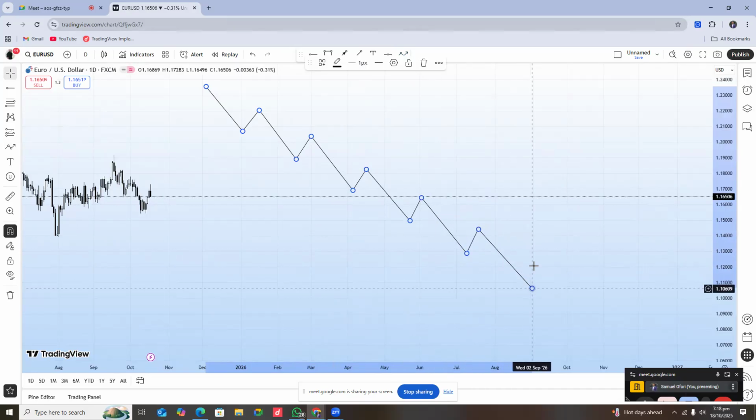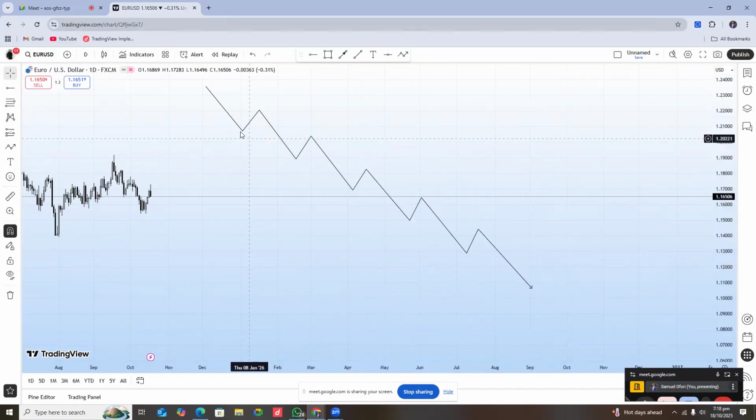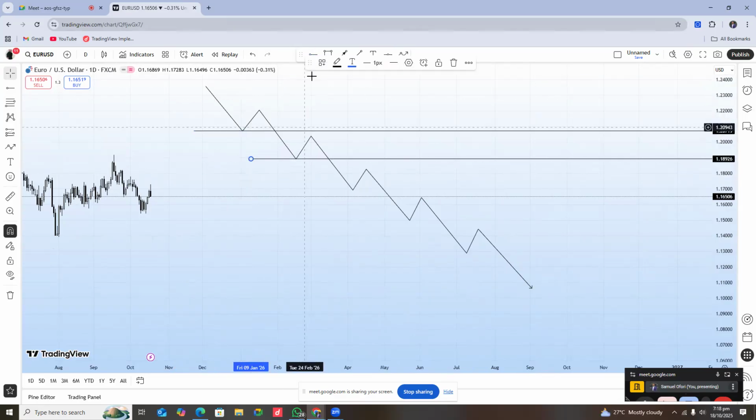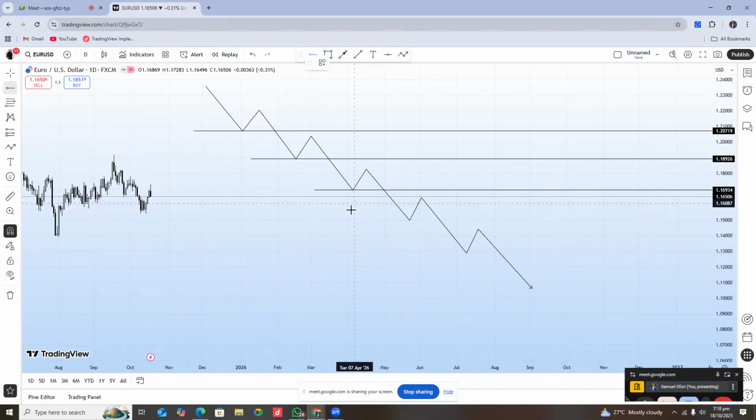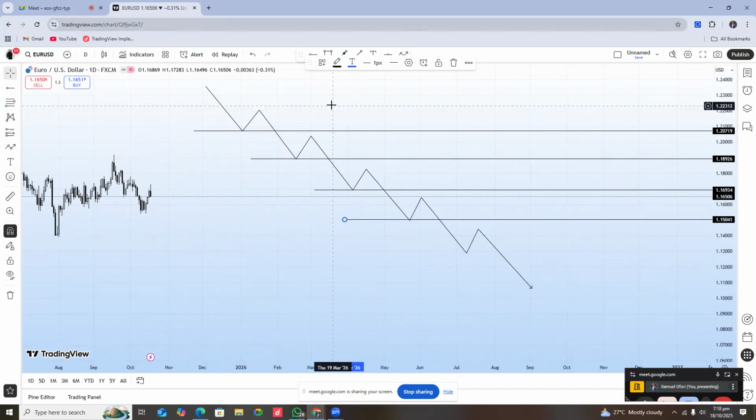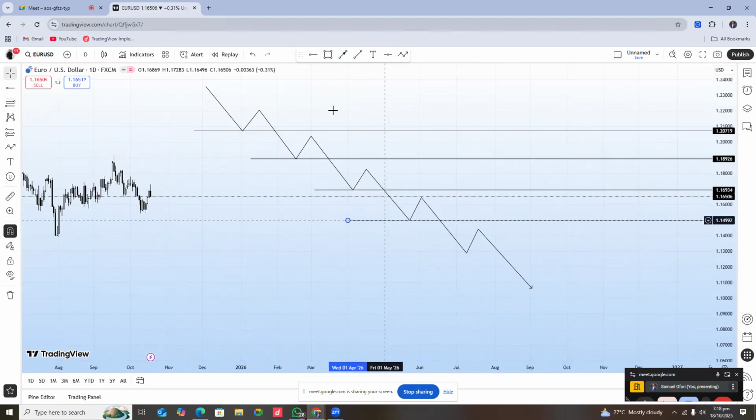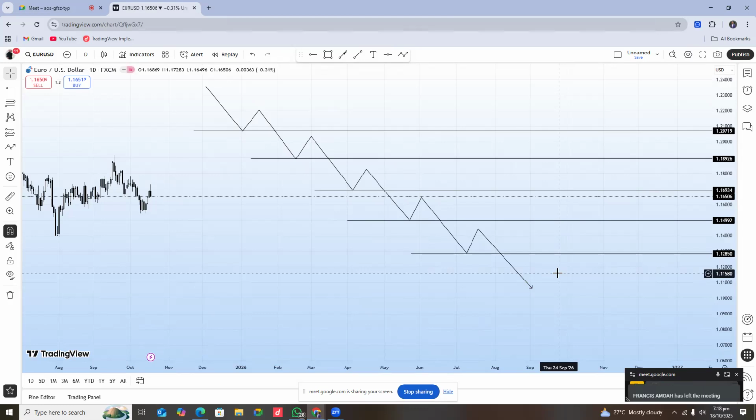And then same way, remember we said this is lower low, lower high, lower low, lower high, lower low, lower high. So I'm going to mark the lower lows, right? I'm going to mark the lower lows, just like I have done here. Okay. This is it. You see, it's not difficult.